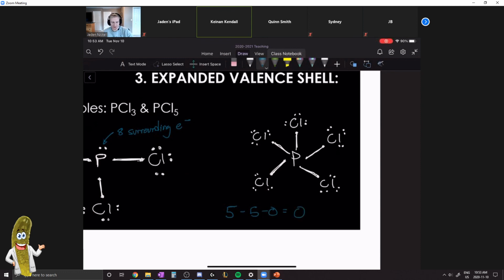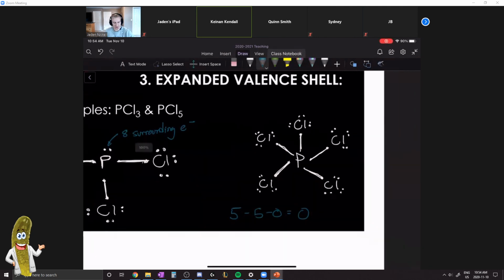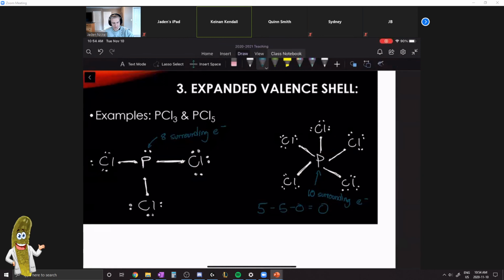Where this problem would have existed previously is that this phosphorus right now has 10 surrounding electrons. In the past, we would have said, no, that's no good, can't do that. Because we know that phosphorus is one of the exceptions, we can actually expand the valence shell and allow it to have more than 8 electrons surrounding it. So it has 10 surrounding it right now. If you check all the chlorines, they're all the same.